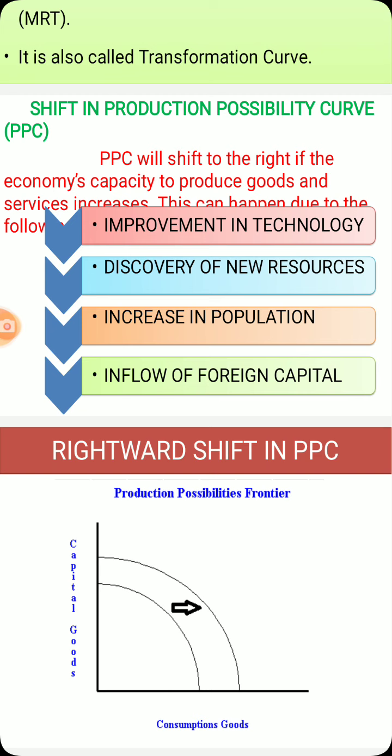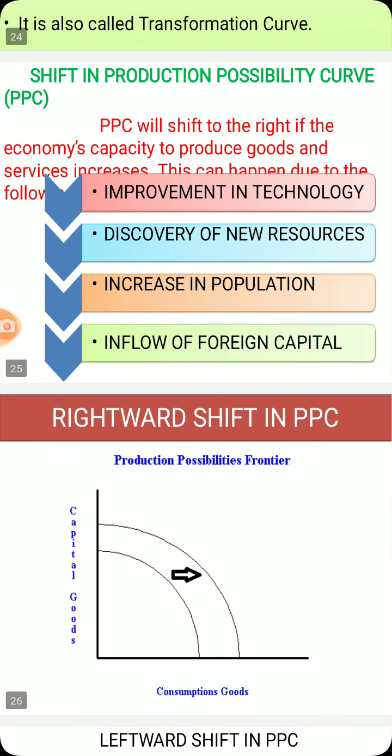The first case can be improvement in technology. Due to better technology, we are able to produce more of the goods. Discovery of new resources, due to which we are able to get better production. Then is increase in the population. Due to more demand, we are producing more, and for producing more, we require more resources to be utilized. Then is inflow of foreign capital.